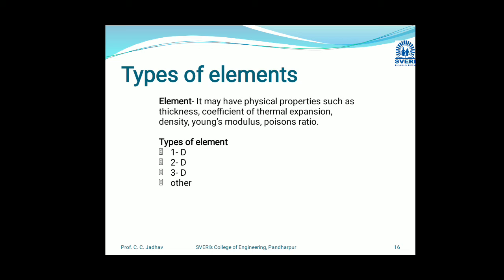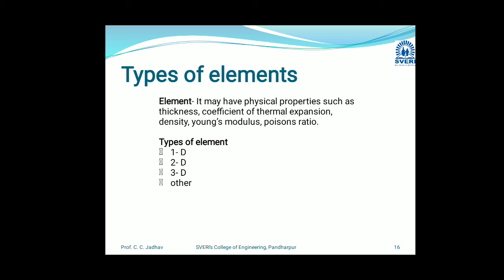It may have physical properties such as thickness, coefficient of thermal expansion, density, Young's modulus, and Poisson's ratio. So an element should have some physical properties like these: thickness, coefficient of thermal expansion, density, Young's modulus, and Poisson's ratio.